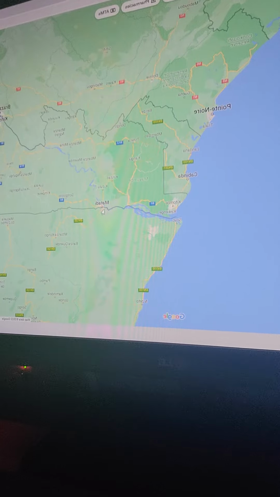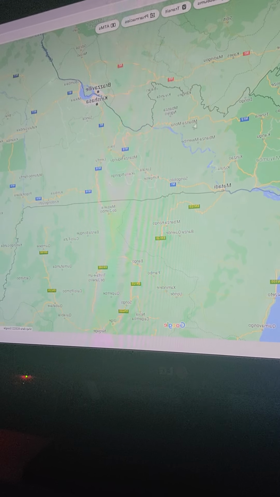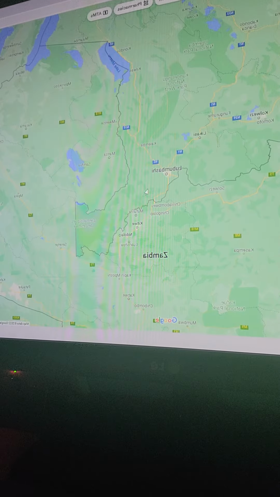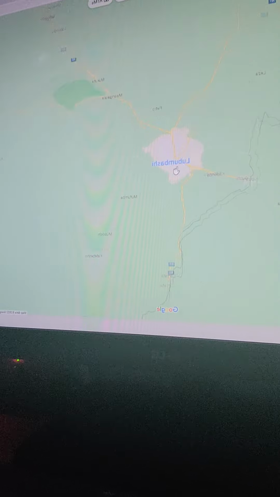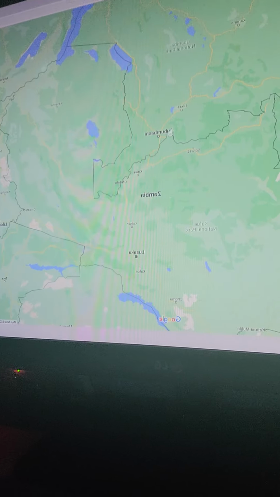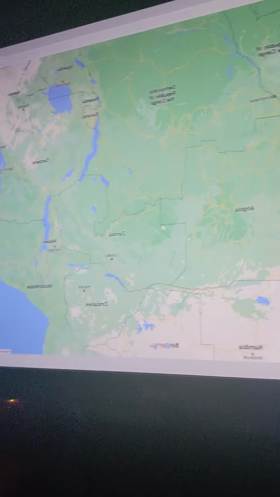Basically, there's Angola, and there's the Republic of Congo, and there is also another corridor, which runs by the Zambia border and the DRC border.